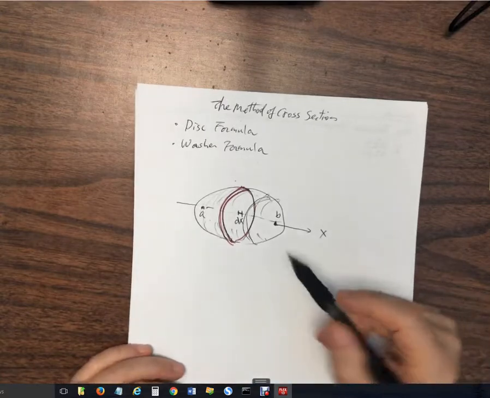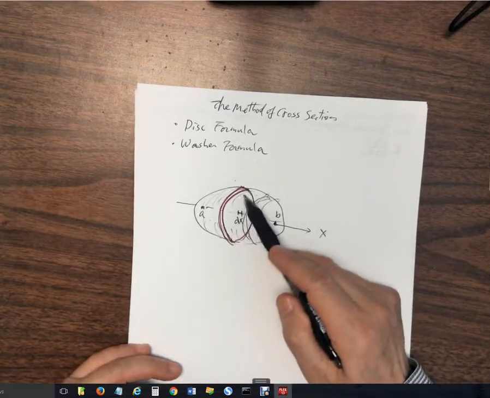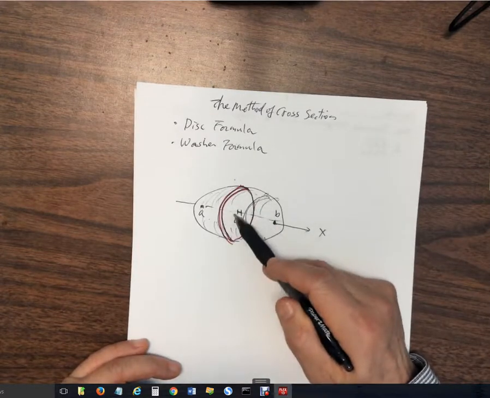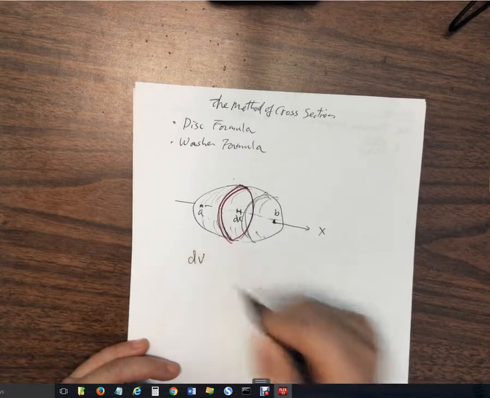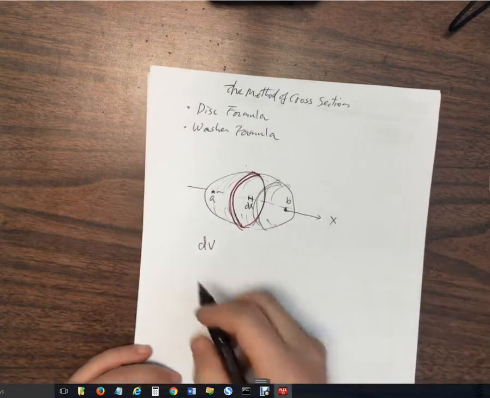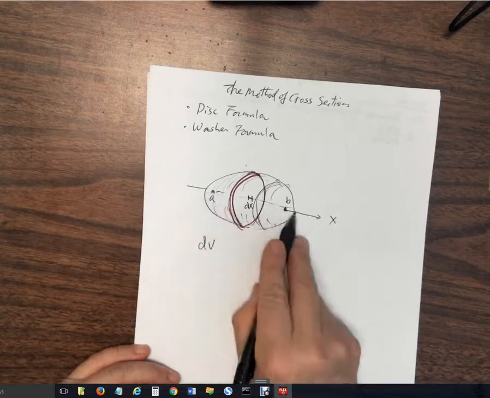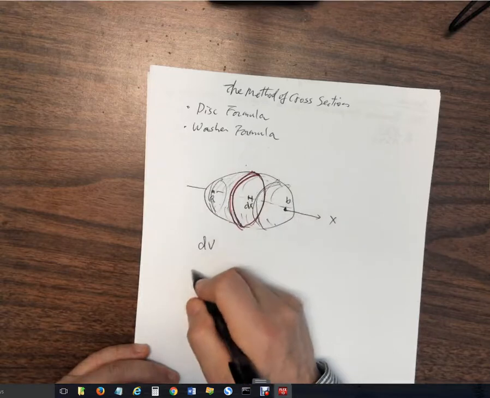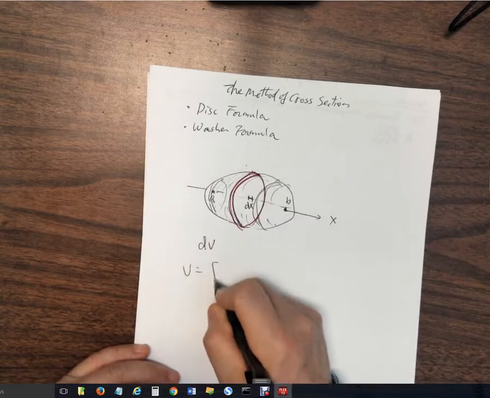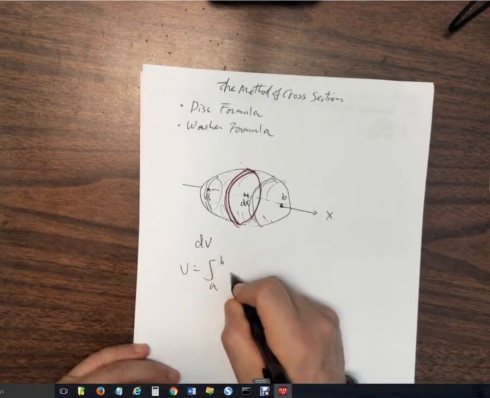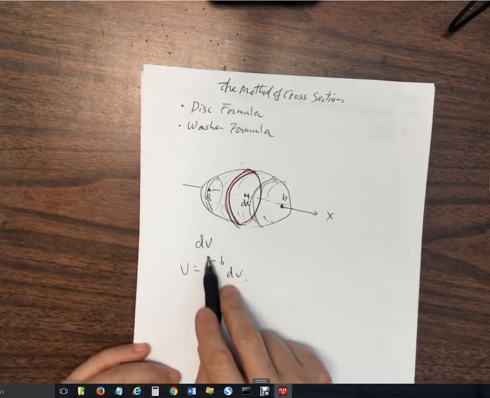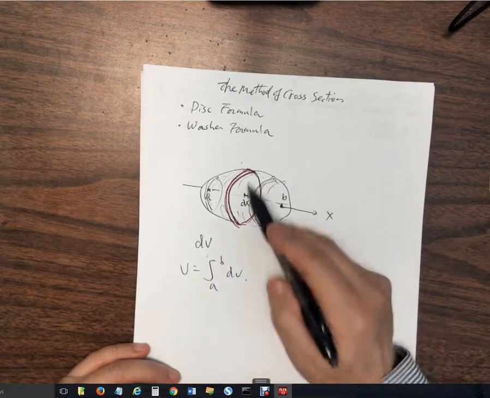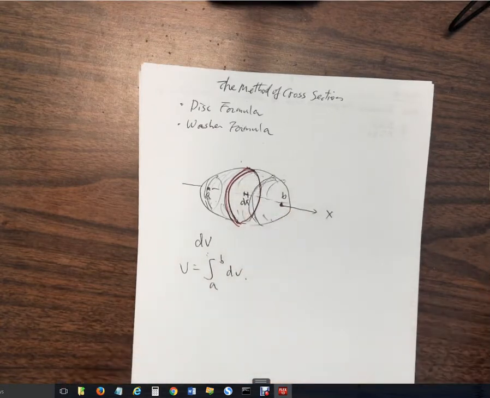The idea is, if we can calculate or estimate the volume of one slice, called dV, then we add from this end to this end, so all those volumes of slices are added up, and the total volume would be the integral from a to b of dV. So the key is to come up with the volume increment formula, the volume of one slice.